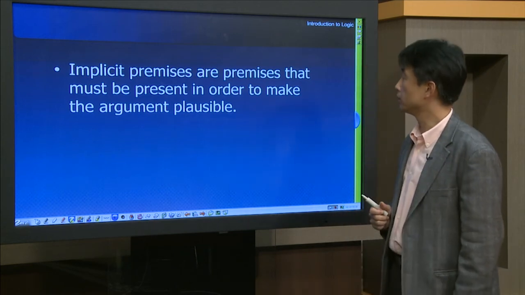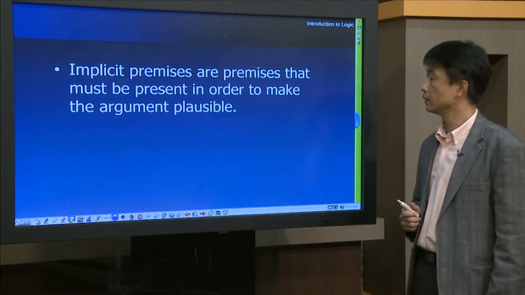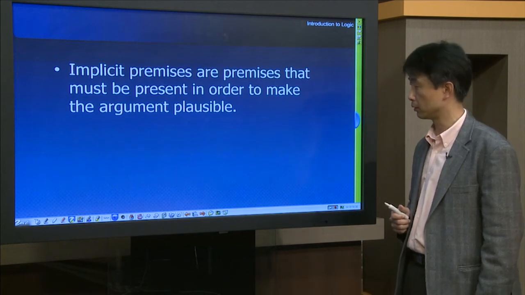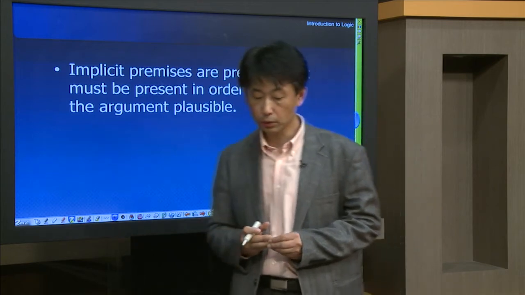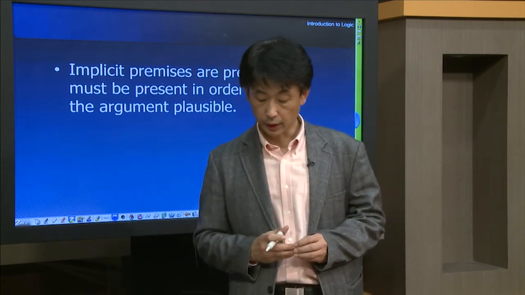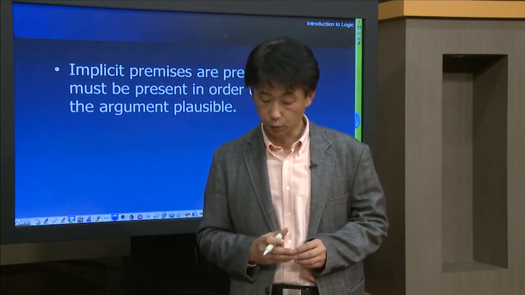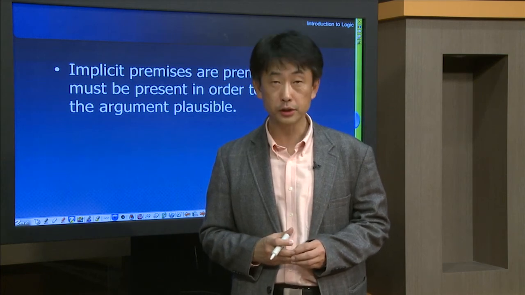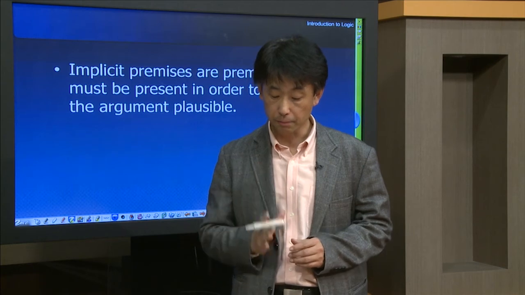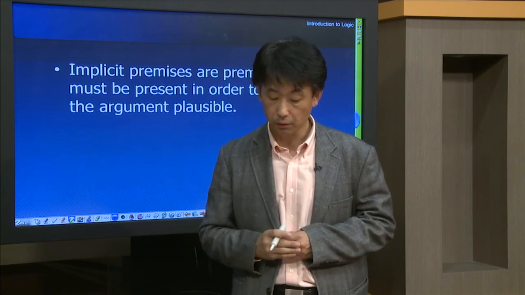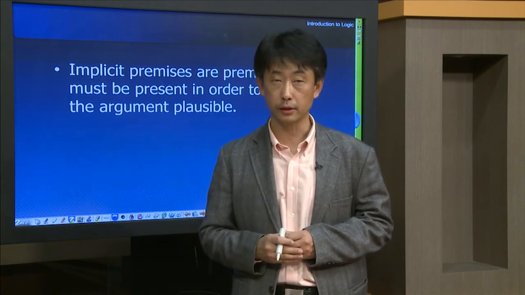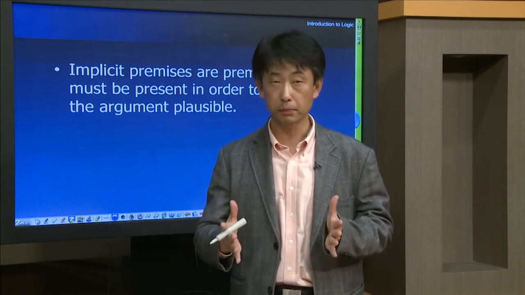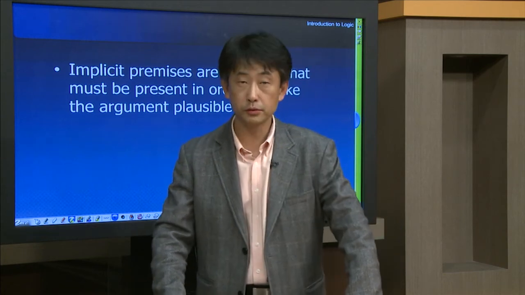Implicit premises are premises that must be present in order to make the argument plausible. In the textbook, there is a very good example of implicit premise. For example, consider this argument: bungee jumping is dangerous, therefore there must be a law against it. Is there an implicit premise here? It seems there is.